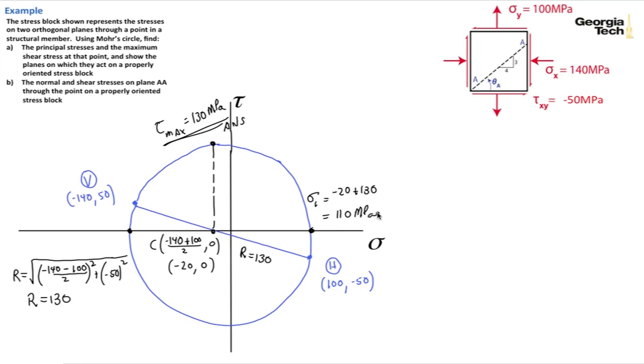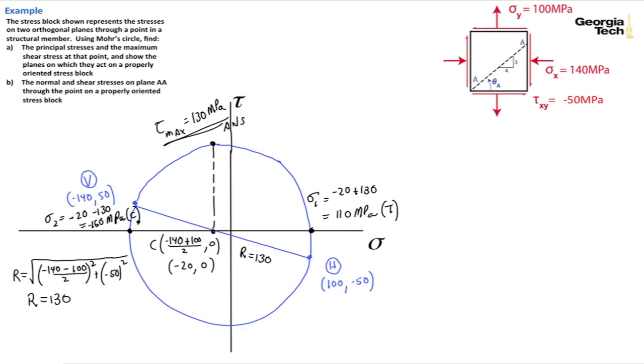And since that's a positive value, that means that principal stress is in tension. We'll do the same thing for sigma 2, and that's minus 20, and then minus 130 for the radius. So that's equal to minus 150 megapascals, and that is in compression because it's negative.